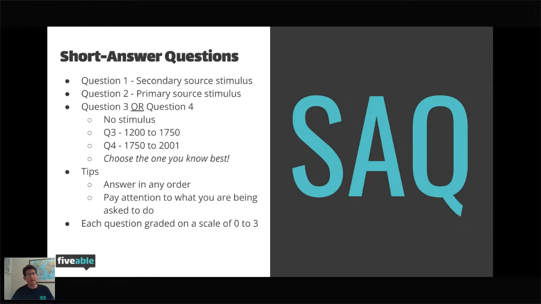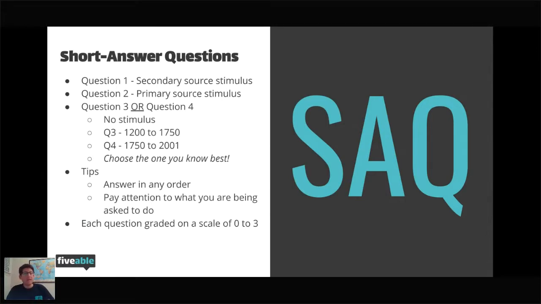Question number 2, you must answer as well. It is a primary source. It can be an image, or it could be a written account, and it will basically ask you the same thing. Identify something that you see in the source, a trend in history, identify an example of it, and then explain the process and then connect it to another time period. And those questions can be from any of the time periods. So questions 1 and 2, from 1200 to 2001, are going to be from any of them.